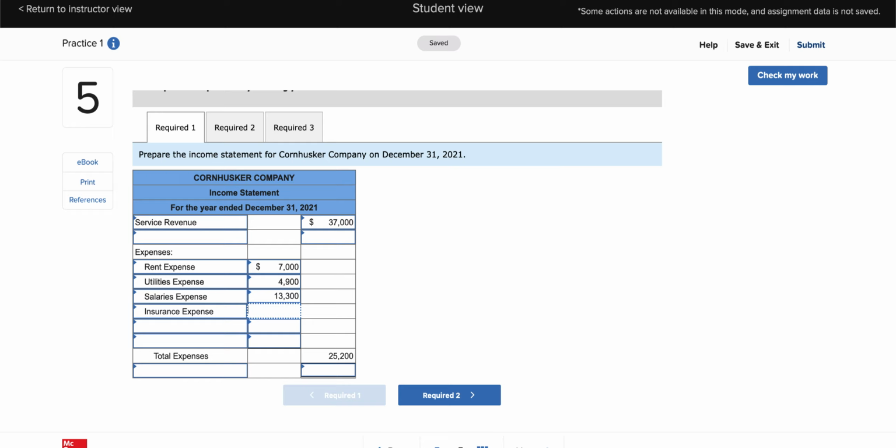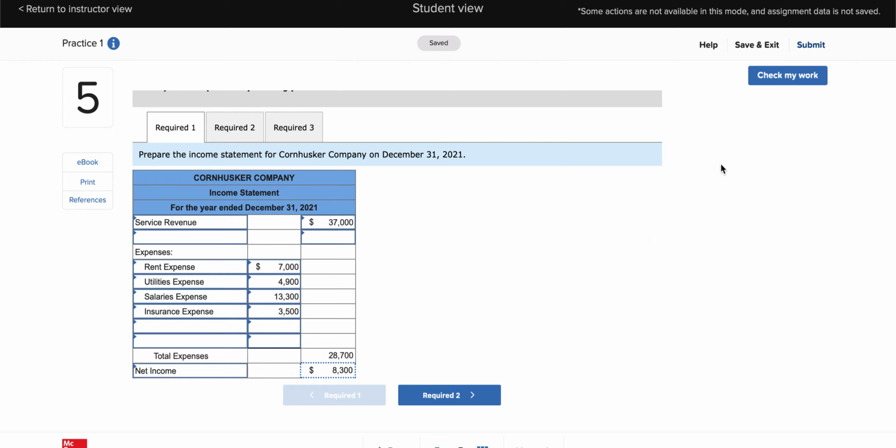And insurance expense is $3,500. So I have a total of $28,700 in expenses. I'm going to take $37,000 minus $28,700, and that is still positive, so it is a net income, and the amount is $8,300.